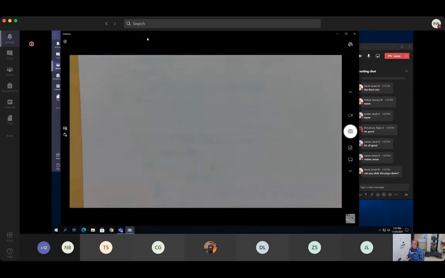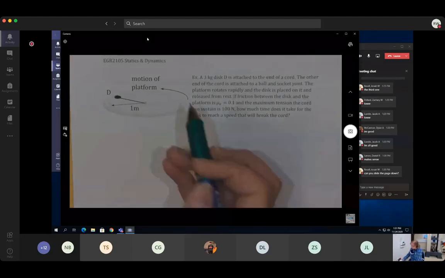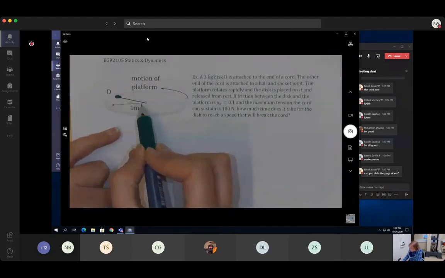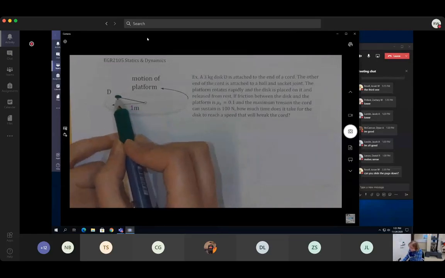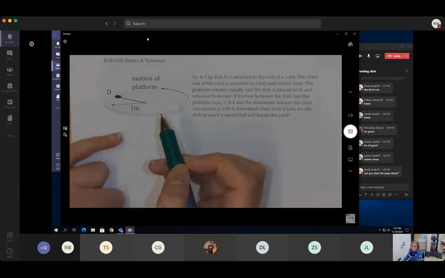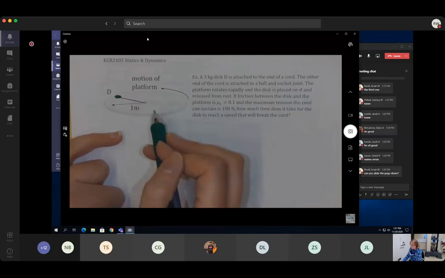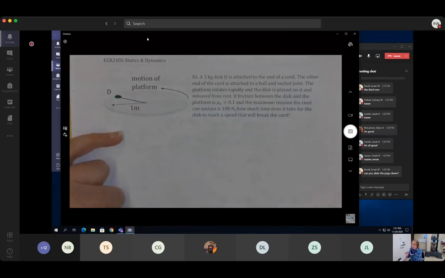Okay, here we go. So here's our disc. It's attached to a cord at one end, and the cord at the other end is attached to a ball and socket joint. So it's essentially free to rotate any way without twisting around.